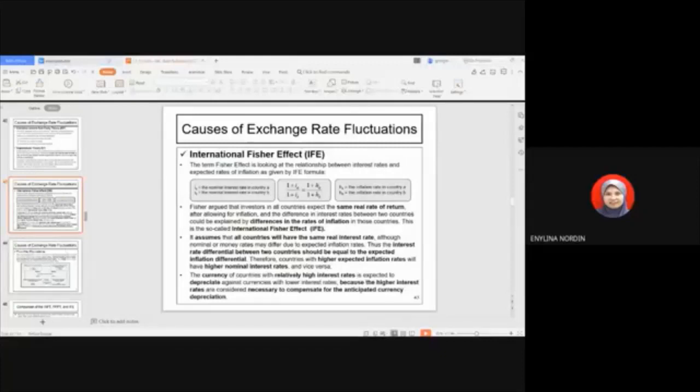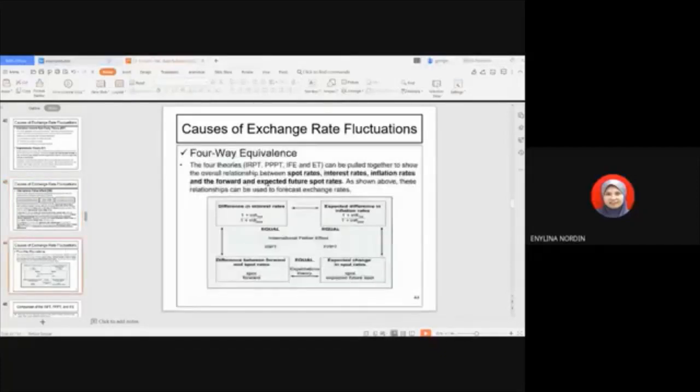And then the next one is the four-way equivalent. Right, so this is the theory, or favorite, four-way equivalent. It shows the four theories, that is IRPT, PPPT, the international Fisher effect, and then the expectation theory, put together to show the overall implication, or the overall interactions between the spot rate, interest rate, inflation rate, and the forward and expected future spot rate as well.